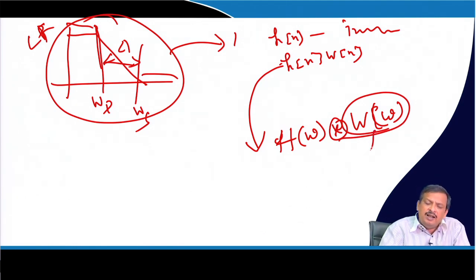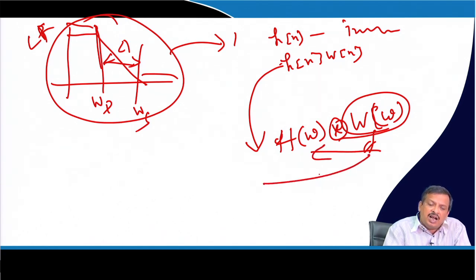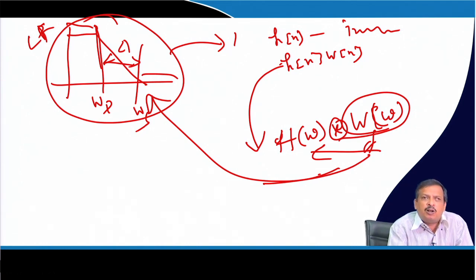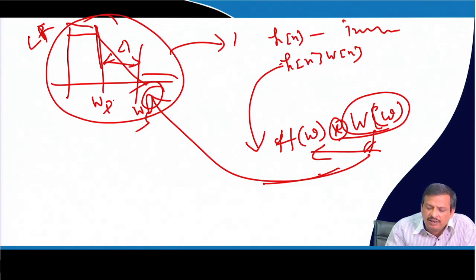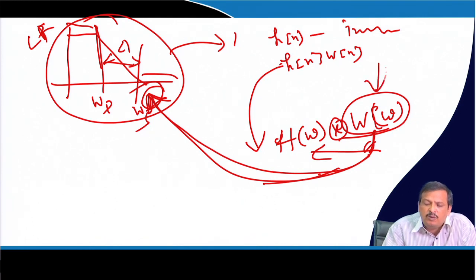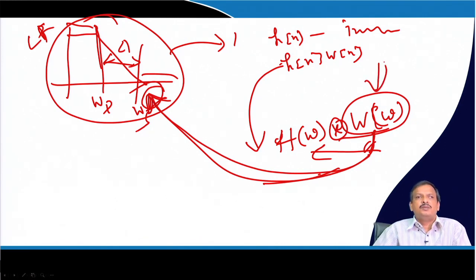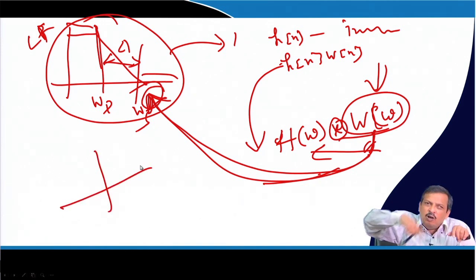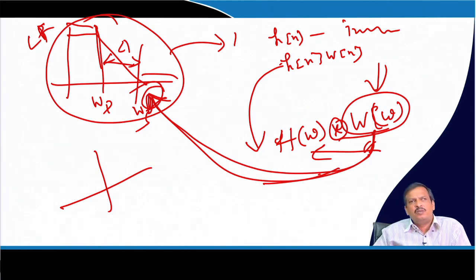So, the window function plays an important role in defining how close I approximate this one, because I have to approximate this. But since I use a window function for a FIR filter, this approximation will be disturbed. So, how close an approximation I can make depends on the window function. If I say a window function has a main lobe and a side lobe, what I discussed during the discrete Fourier transform.